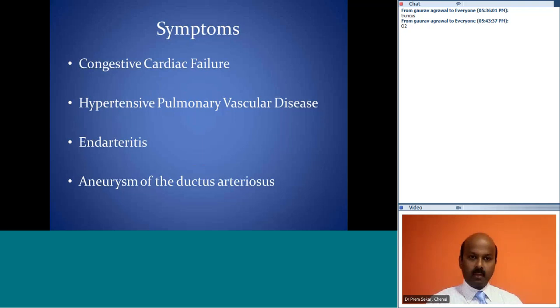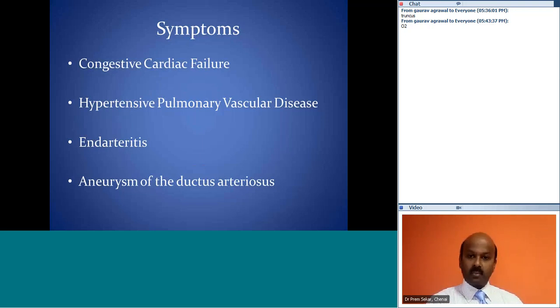If the left to right shunt persists for a long period of time, then hypertensive pulmonary vascular disease ensues. This is predominantly due to microvascular injury in the pulmonary vascular endothelium, which causes release of growth factors and enzymes, which in turn result in intimal proliferation and medial hypertrophy.